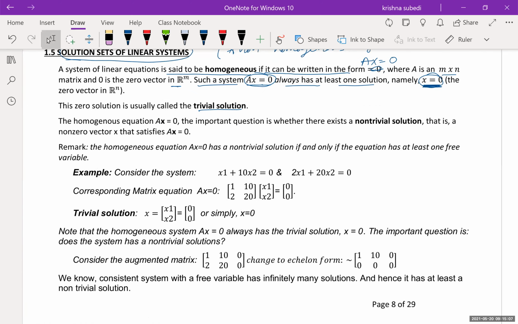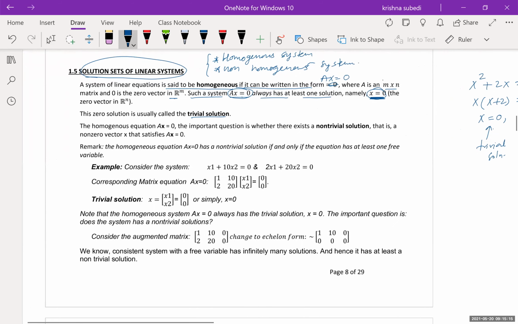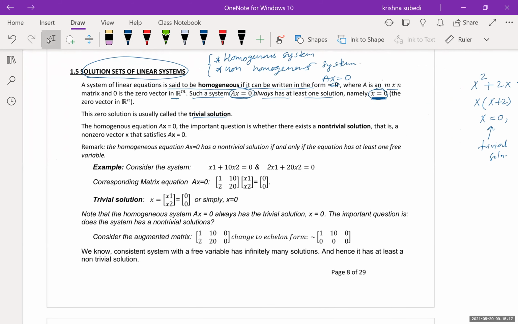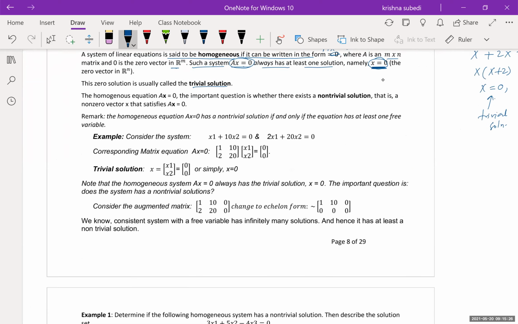Now we know that every homogeneous system has at least one trivial solution. But the question that we are more interested in is whether the system has a non-trivial solution or not. We'll talk about this in more detail. Let's look at one simple example.